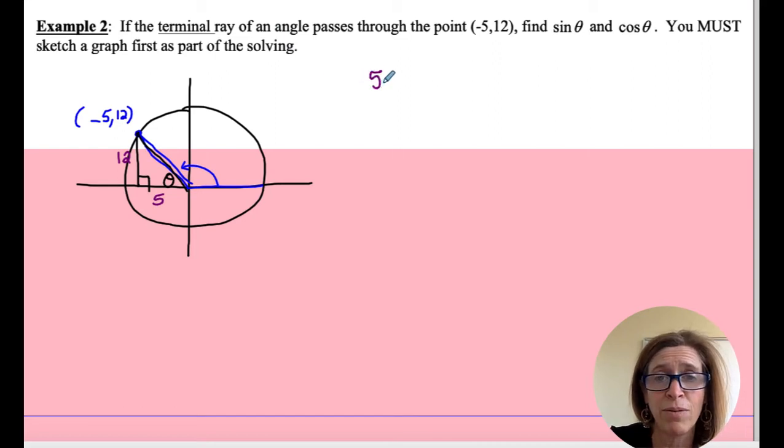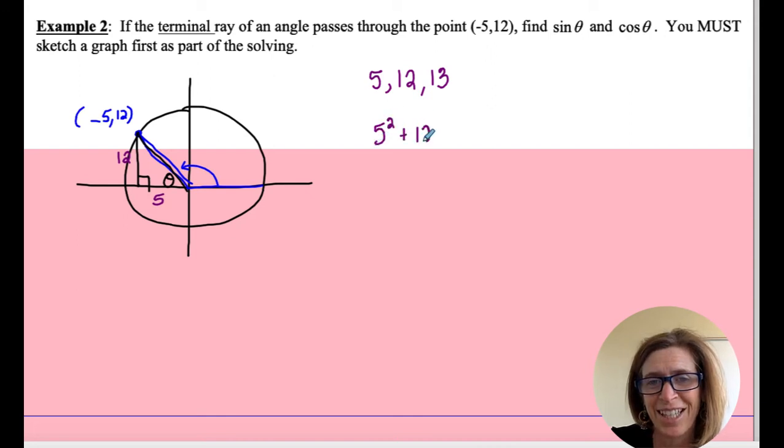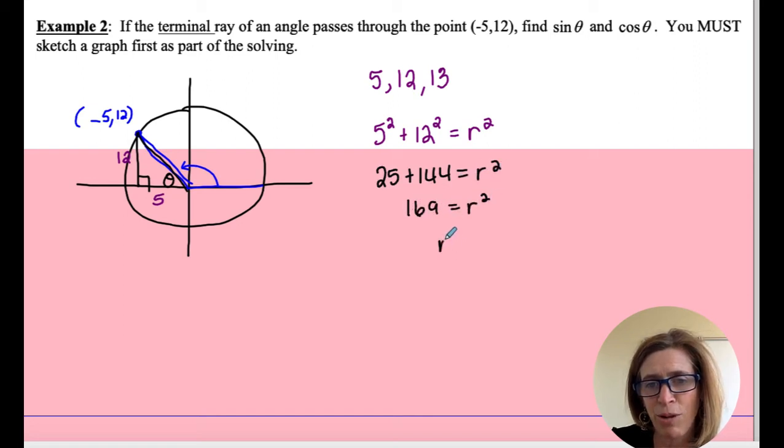Now, some of you may remember it is a 5, 12, 13 Pythagorean triple. Great one to know, but you don't have to know it because you can always use our friend Pythagoras and find r. So we get 25 plus 144 gives me 169, and that's where that 13 comes from.